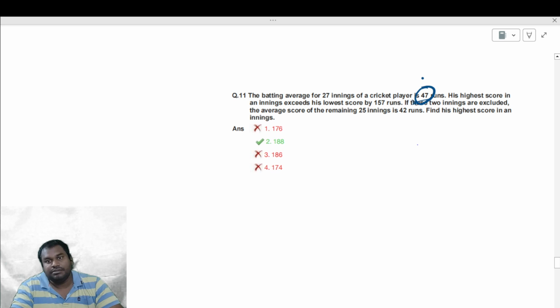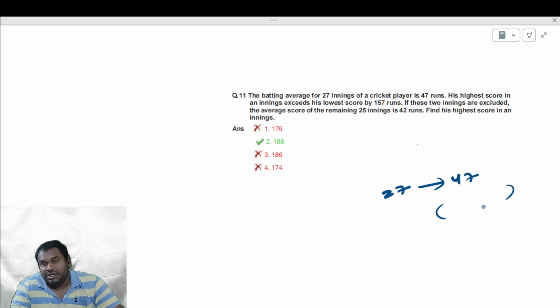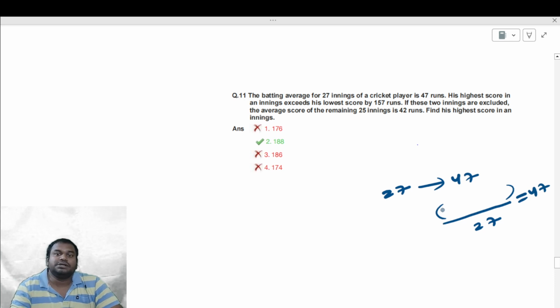He played 27 innings and his average is 47. It means the sum of all the runs he has scored in each innings divided by 27 will give you 47. Sum of all runs.